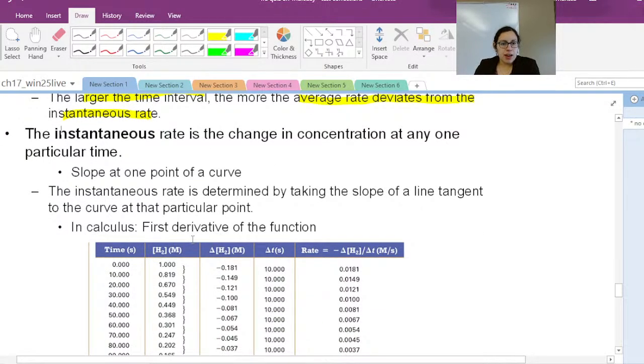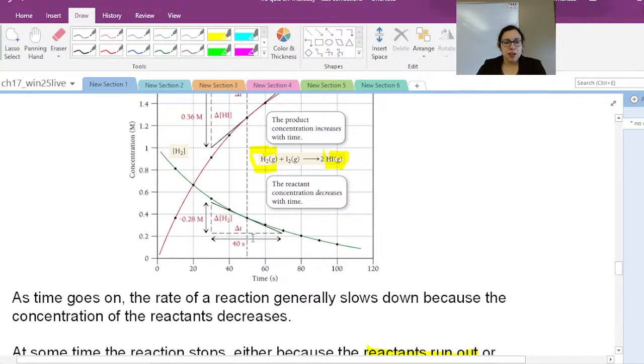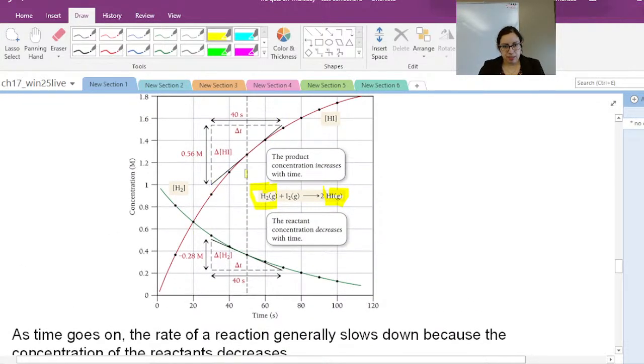The instantaneous rate is your slope at any one point of our curve, and you could take the first derivative of that function. We're not going to be doing that in this class, but you can connect that to your calculus.